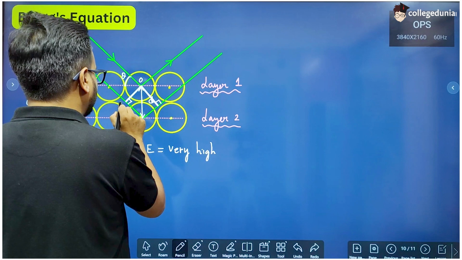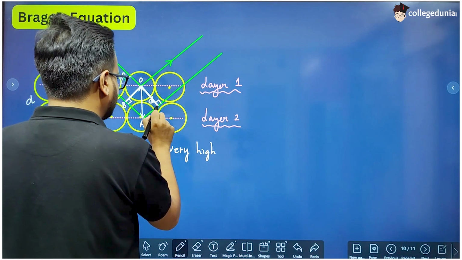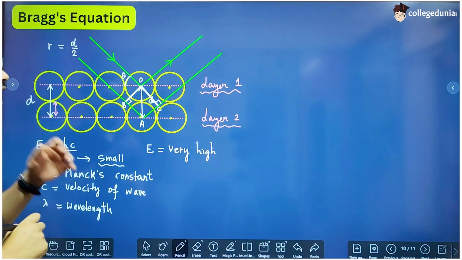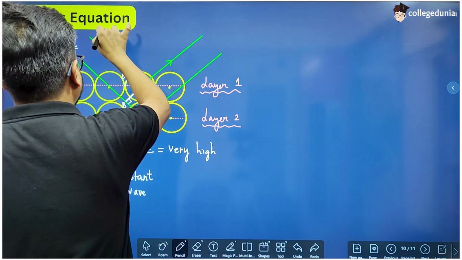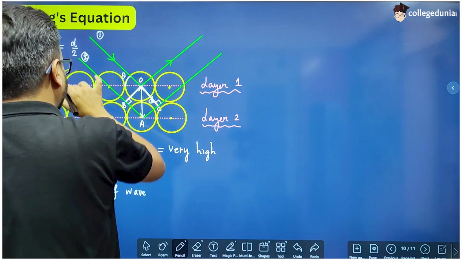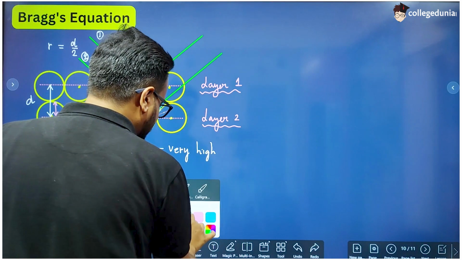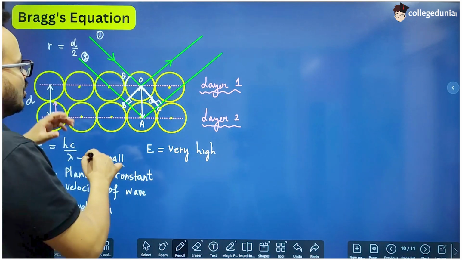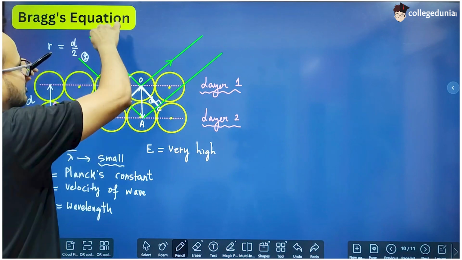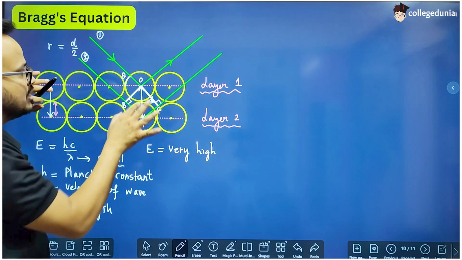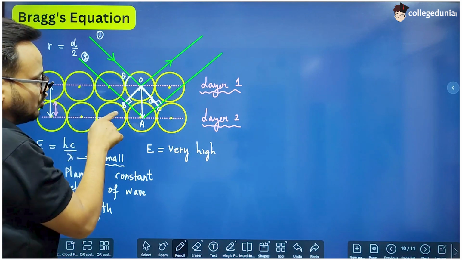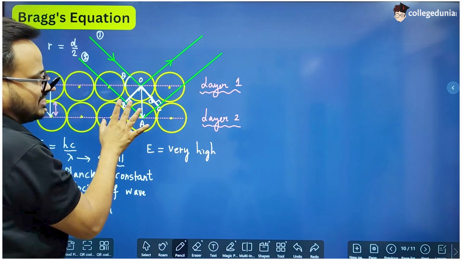Let us say this point is B and this point is C. So what is the extra distance that is traveled by ray 2? This is ray 1 and this is ray 2. That extra distance is obviously this length and this length up to B, because these two lines are parallel, so these two lengths are same. So this BA length is extra.